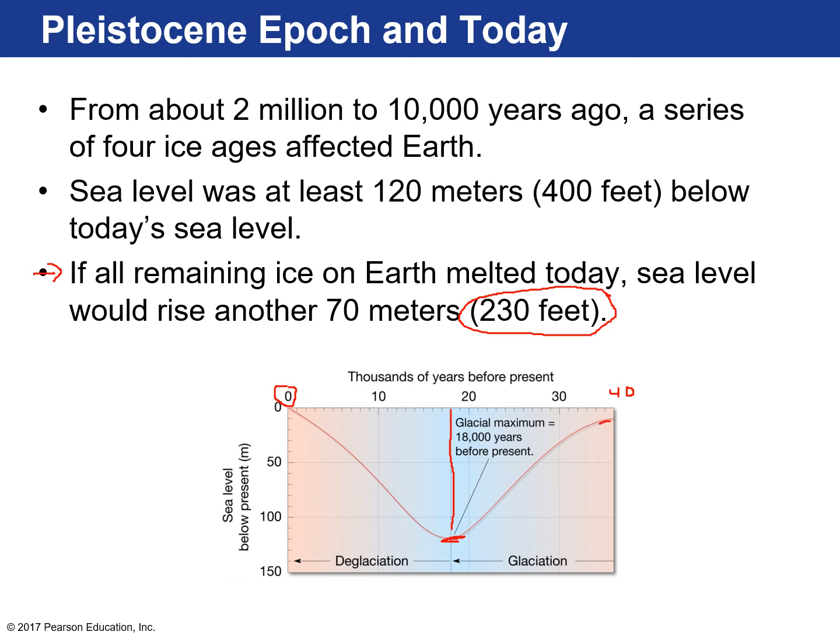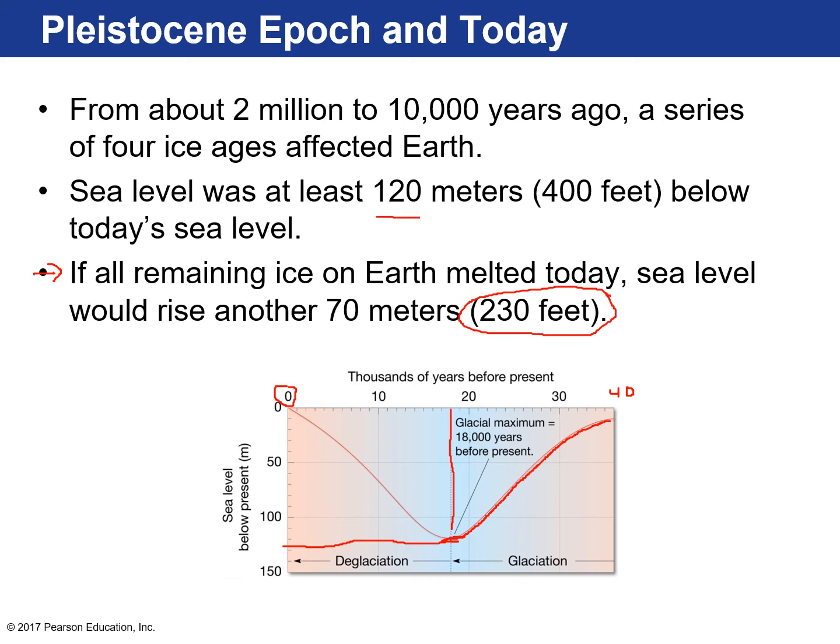We had glaciation, or things got much colder. A lot of water was being removed from the ocean and snowing on land and becoming part of the glacial cycle. A lot of water was being evaporated from the ocean and stored on land, and that lowered sea level to the point where, if we draw a line straight out here, sea level was almost 120 meters lower than it is today.